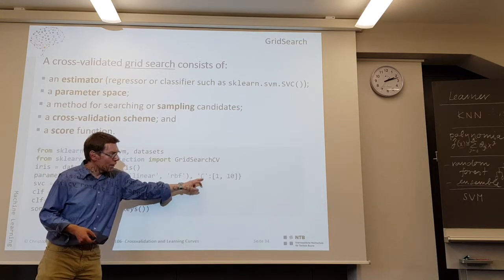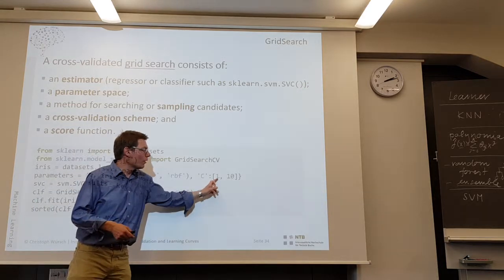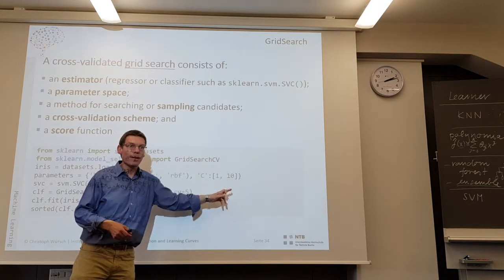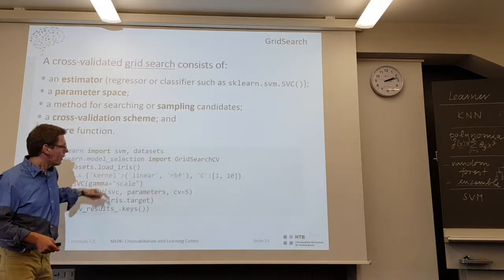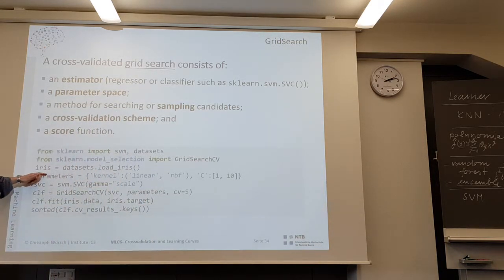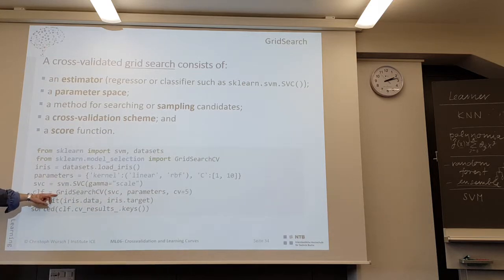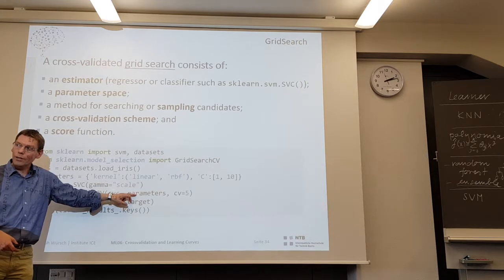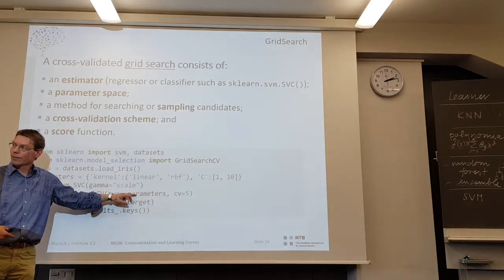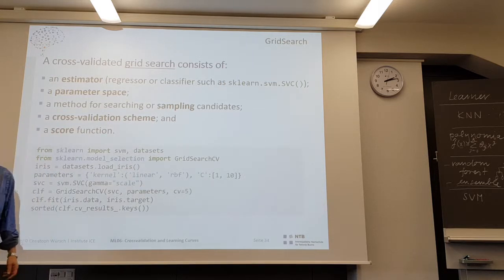And then we select our parameter C with two values only, 1 and 10. If you want to have more, you just list them. With this dictionary, you go into the grid search, and then it will evaluate all parameters cross-validated over the data you have, using all combinations of these parameters.